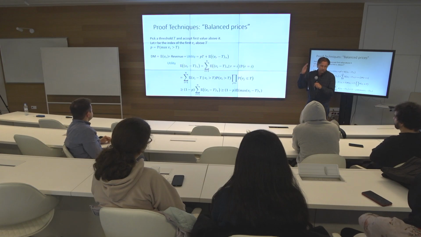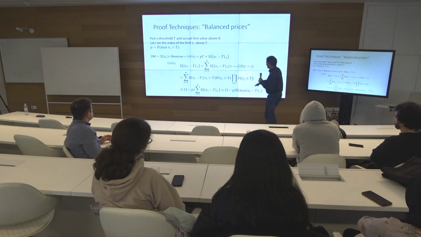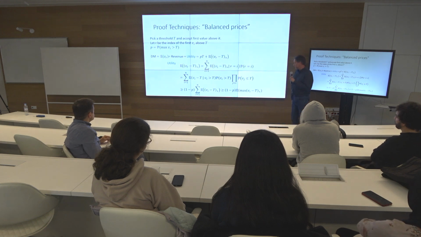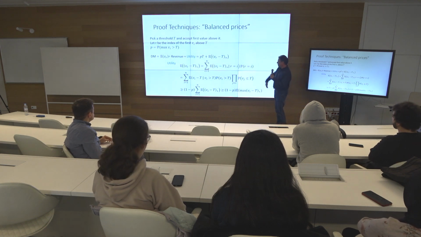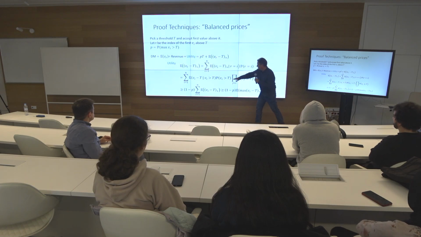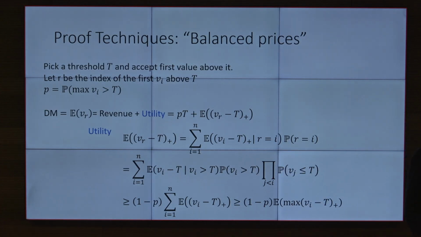But those are independent, so we don't care. So the conditional expectation is just the conditional expectation given that V_i is at least T. And the probability of stopping is just the probability that all these guys were below T and this guy was above T. That's why we didn't stop.